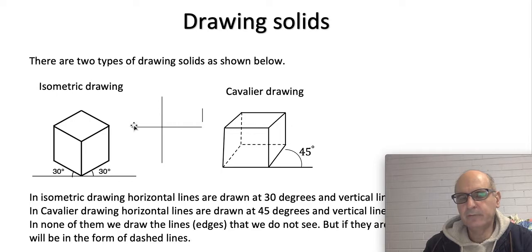But what we see when we look at a solid, if it is vertical, it stays vertical. So these lines are all vertical. So it's showing the vertical edges. But if it was horizontal, when we see it like that, we are not going to show it like that.